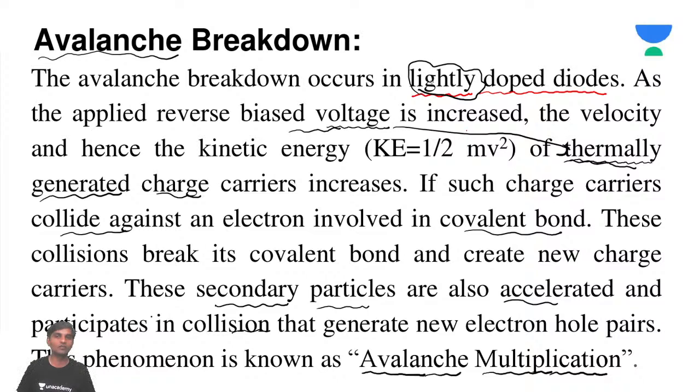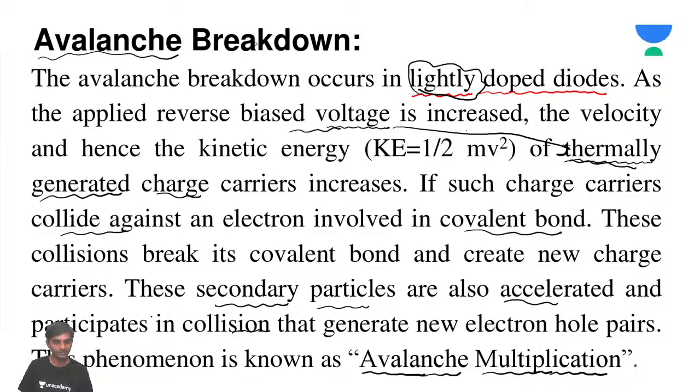Avalanche breakdown voltage is going to be greater than 6 volts. Zener breakdown voltage is going to be less than 5 volts. Working you already know. There is no separate avalanche diode; it is nothing but a normal p-n junction diode.